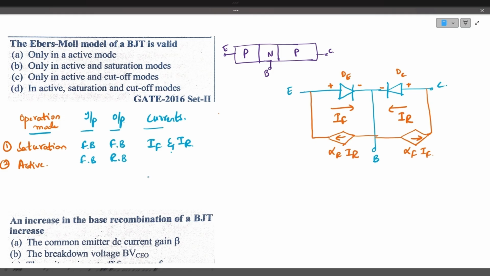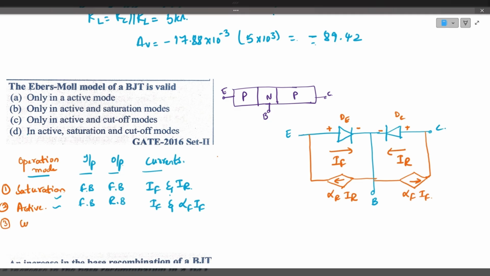So the currents that get activated will be IF and alpha F IF. For the cutoff region, both the input junction and output junction will be reverse biased. So which currents will get activated? Alpha R IR and alpha F IF. These two currents will get activated. And the fourth region is the inverse active region.